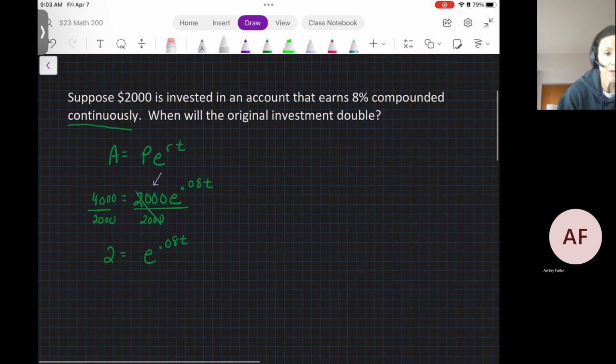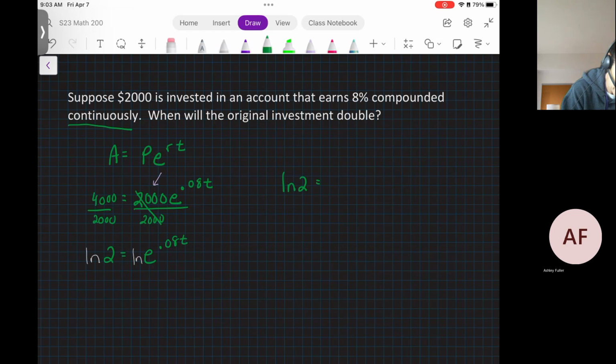The way we undo exponentials is we're going to take the log of both sides. We could take a log of any base, but it's easiest, we're going to find, if we take the natural log of both sides. This leaves us with the ln of 2 is equal to the ln of e to the 0.08t. Using our rules of logs, we know we can pull this exponent out front, which gives us the ln of 2 is equal to 0.08t times the ln of e.